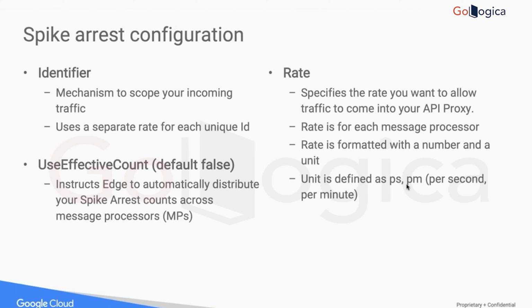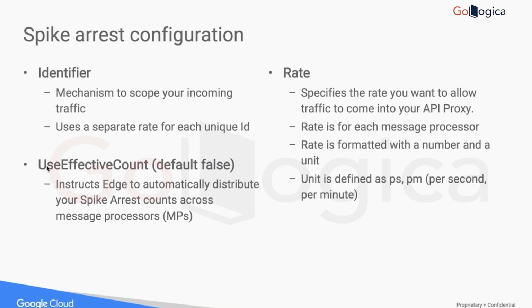Now if you want to do it as a combination of all of them, on your proxy level, for example, including all 5 of them I should allow only one request, then you have to use this parameter, use effective count. If use effective count is true, then it will combine your requests across all the MPs and apply the limit on that.